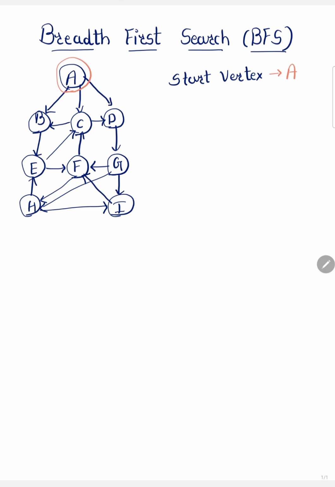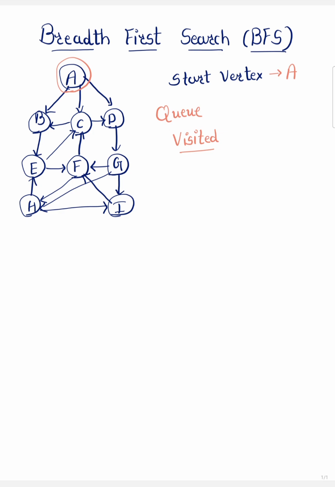Now what we need to do is maintain one queue, for holding all the neighboring nodes. And we'll have one visited list, this is also a queue, in which we maintain the visited nodes.